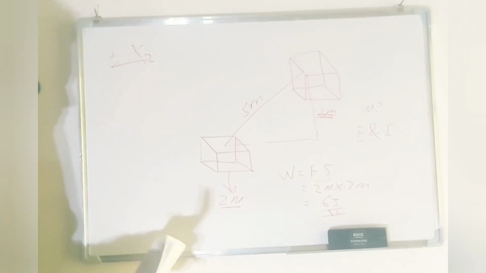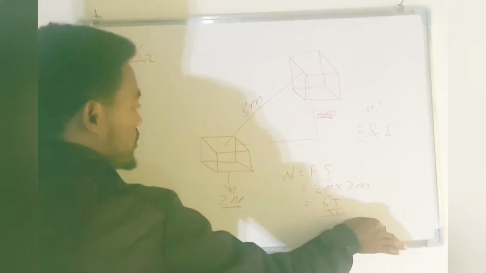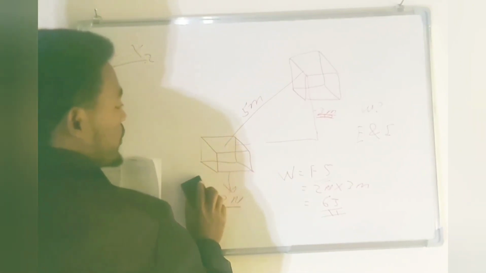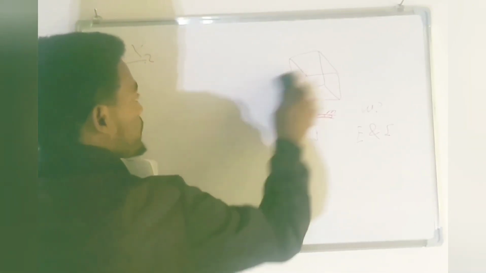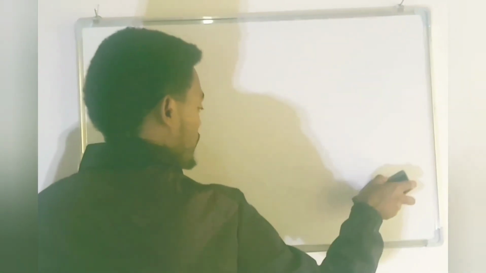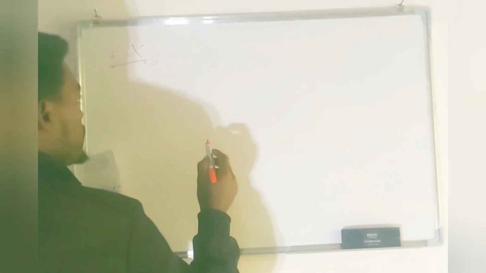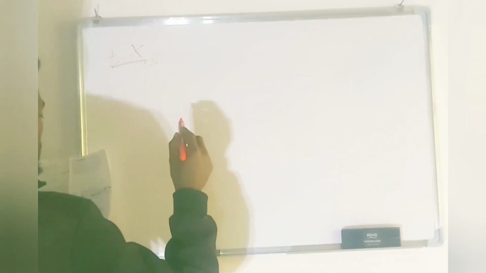Let us see the third example, which is to some extent more complex than the two examples that we have seen before. In the third example, someone is pushing a shopping cart.